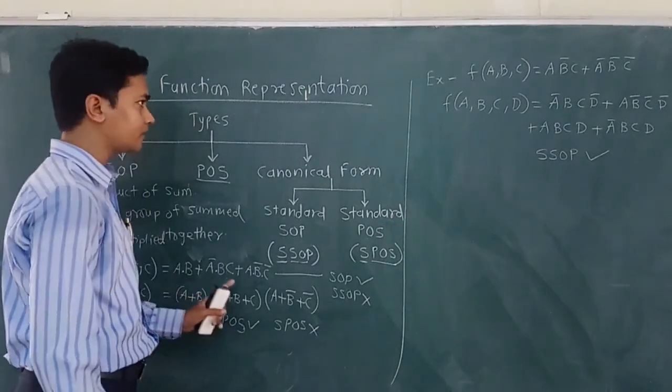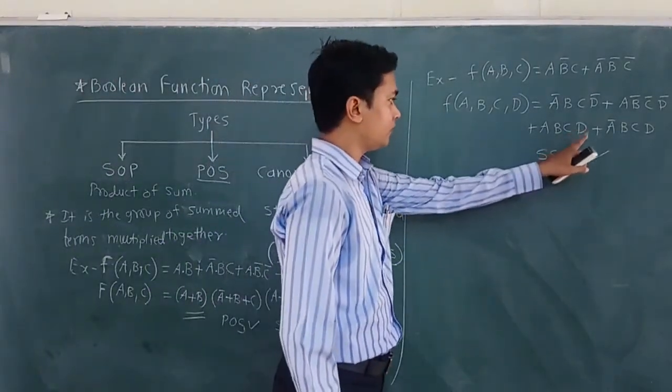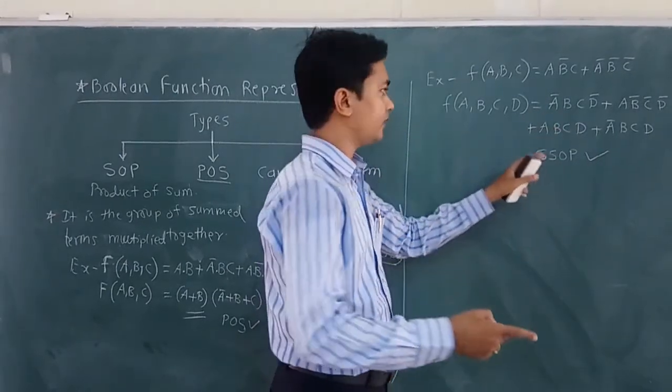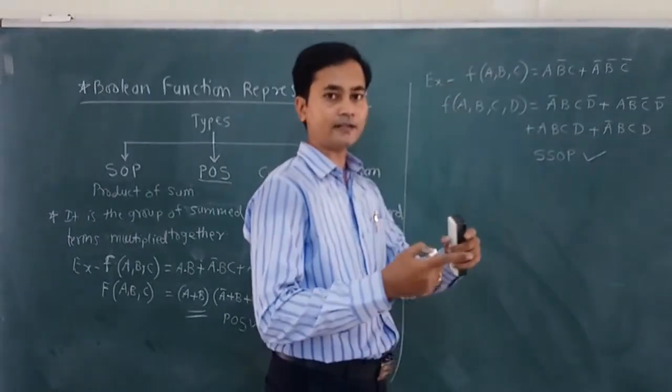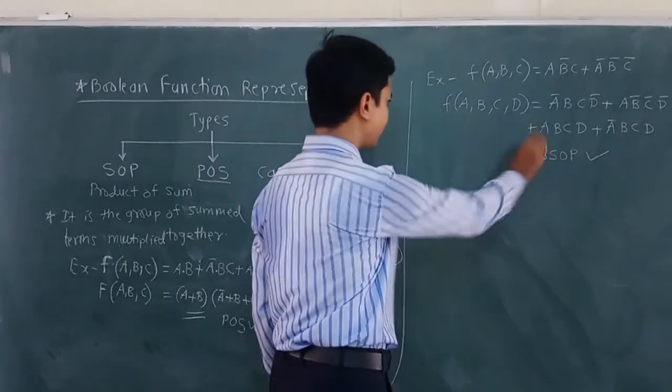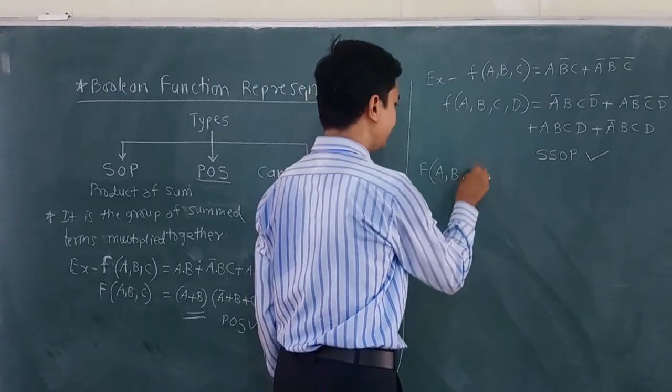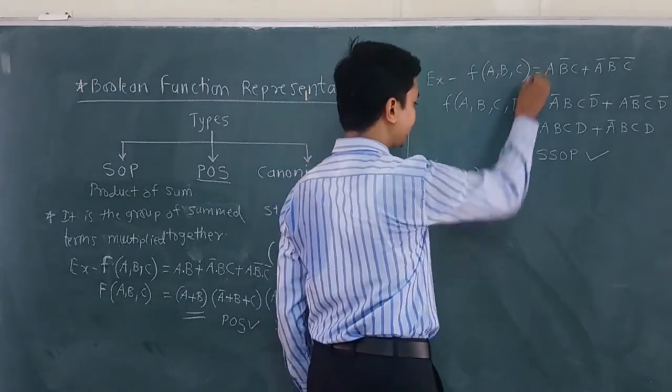If I want to convert this SSOP into SPOS form, then all the dots will be converted to plus and all the plus will be converted to dot. So simply I will write here f of A, B, C. I am taking the first example here.